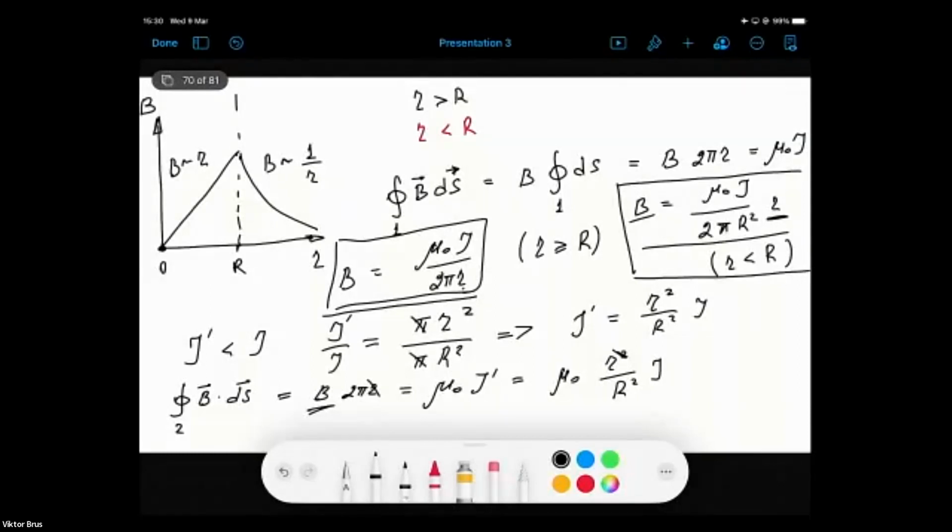So let us now go for consideration of the next topic, and that is magnetic field in a solenoid.